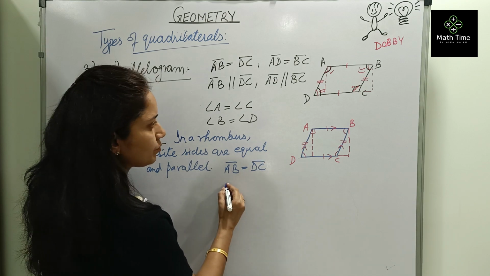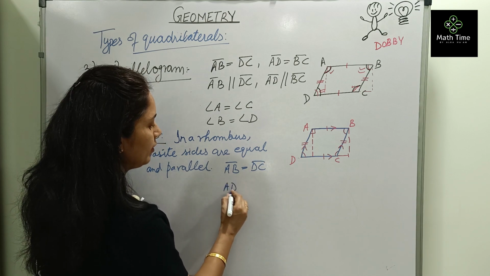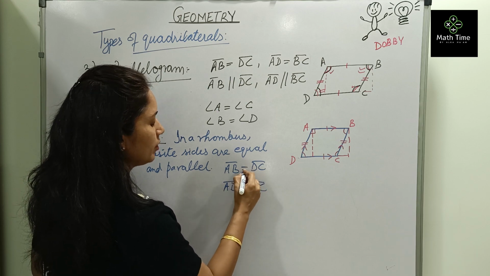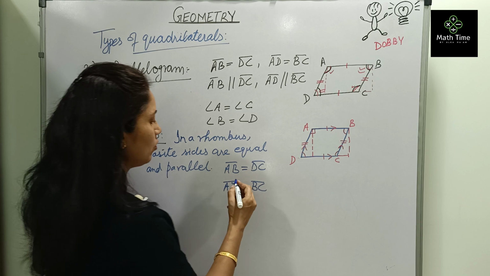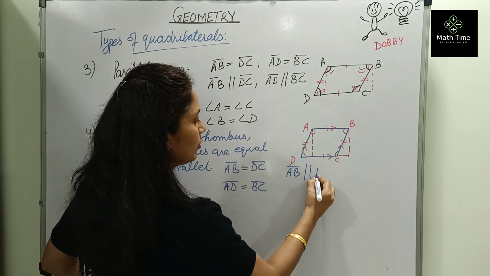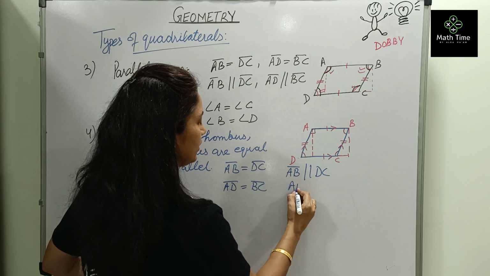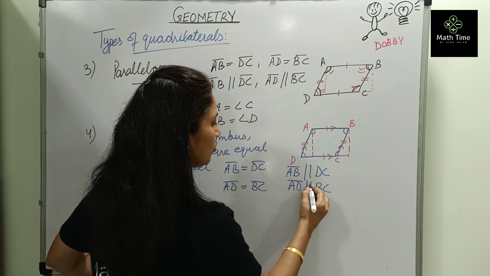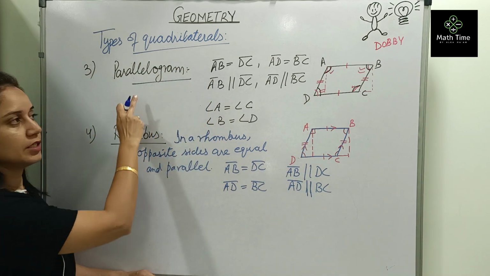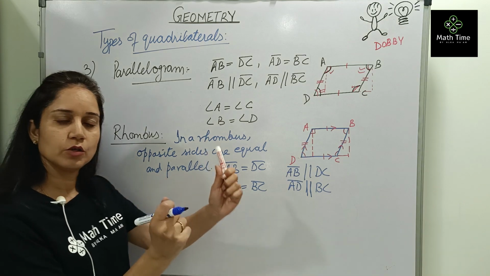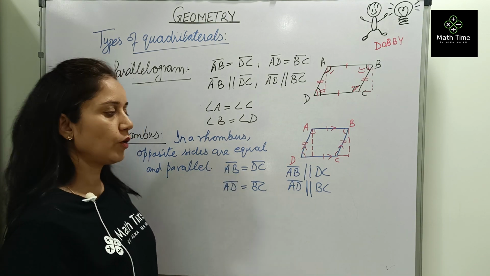Same ways side AD is equal to BC. Okay, and they are parallel also. AB side is parallel to DC, AD side is parallel to BC. Symbol of parallel. So this is parallelogram, twisted form of rectangle. This is rhombus, twisted form of square.